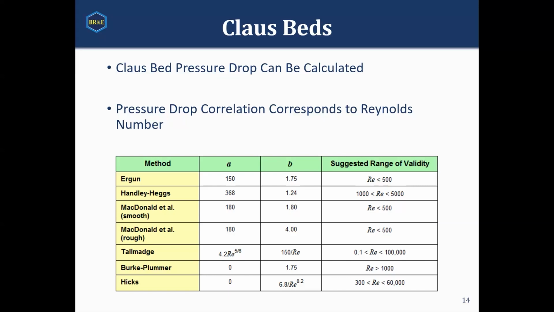I have seen some rare instances where it does fall outside of that. If you use a pressure drop method that has a Reynolds number outside of its range, you will get a warning from ProMax just letting you know. But by default, I do like to start with the Ergun pressure drop correlation, and we'll talk about how to specify all of that in just a second.